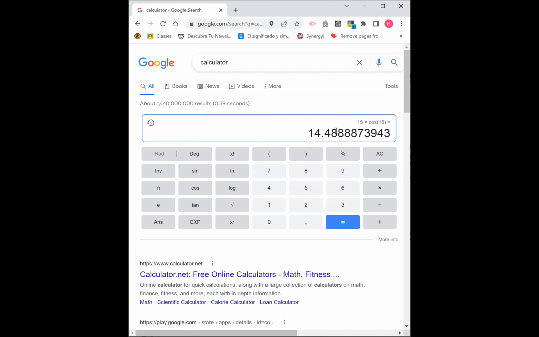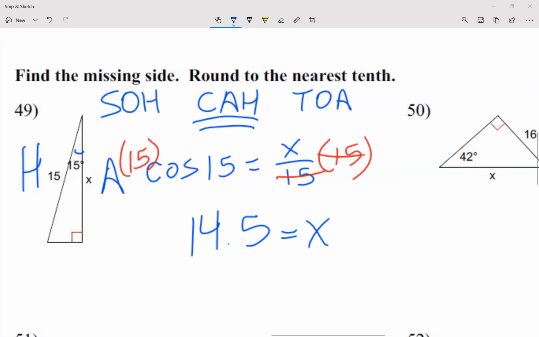Big enough means 5 or more. Because this 8 is big enough, it brings the first one up. So my answer will be 14.5. So let me come back to our work here. My answer, x, will be 14.5. Again, I just typed it in.